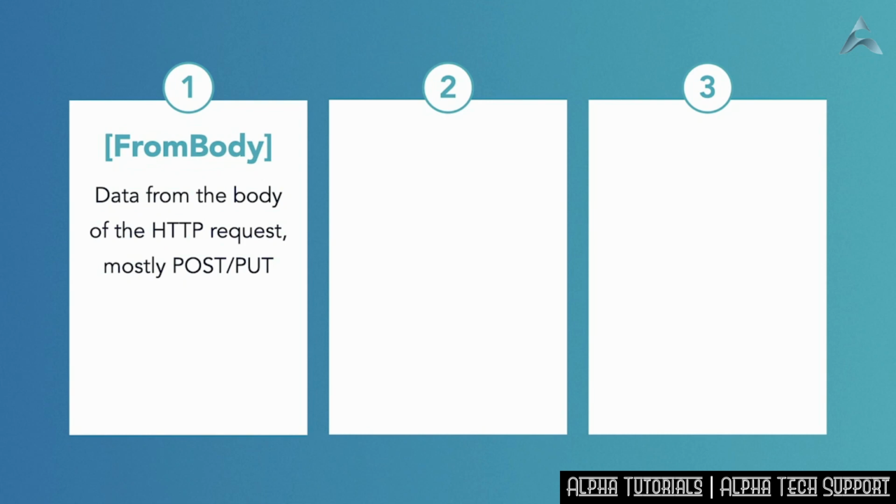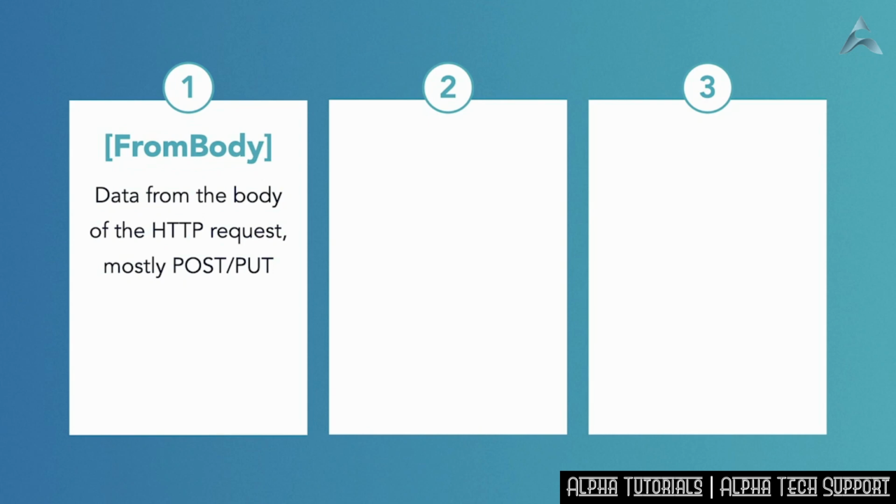So after the headers, there will be an empty line and afterwards data. And that's what from body does. From body makes crystal clear that this data that's part of the HTTP body or the request body should be used and bound to the arguments of the method. And we'll see that in action really shortly.